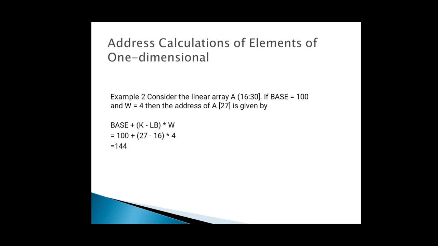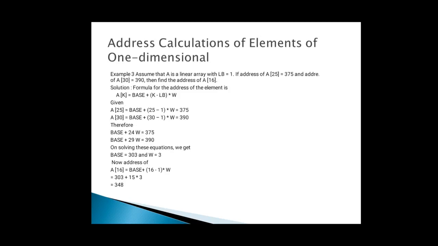144. Now in this example, assume that A is a linear array with LB is equal to 1. If the address of the 25th element is 375 and the address of the 30th element is 390, then find the address of the 16th element. For this, the formula is base plus k minus LB into W. From the given information, the address of the 25th element is 375.